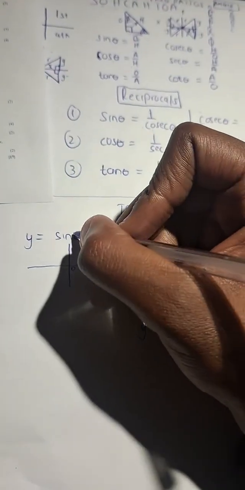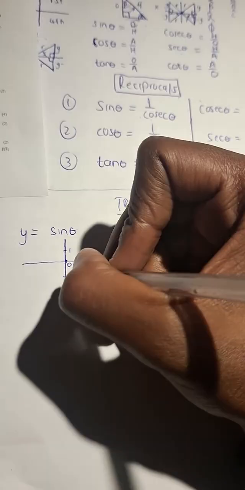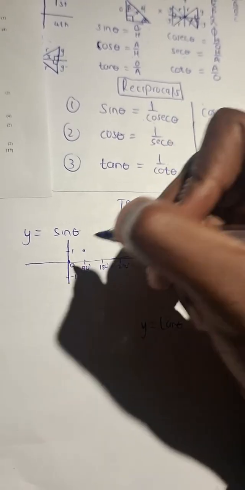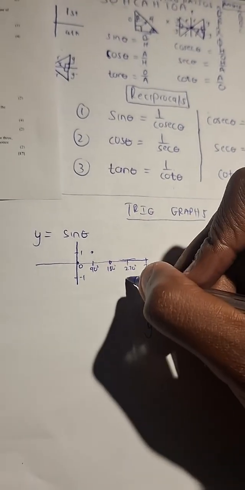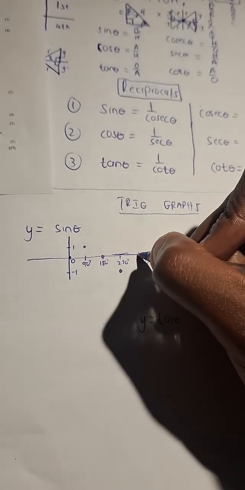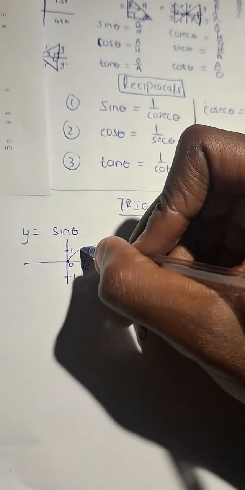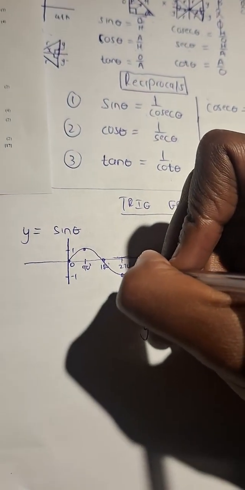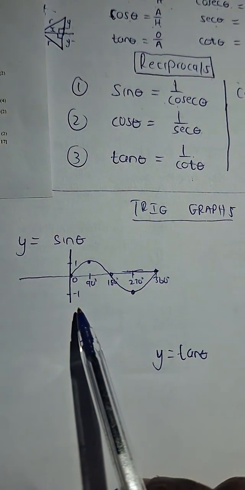Very important, guys, that we understand that sine of 0 is 0, sine of 90 is 1, sine of 180 is 0, sine of 270 is negative 1, and sine of 360 is 0. The basic shape of the sine mother graph is something that you should know off by heart.